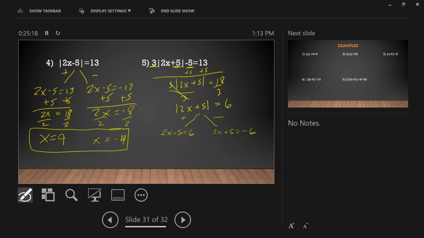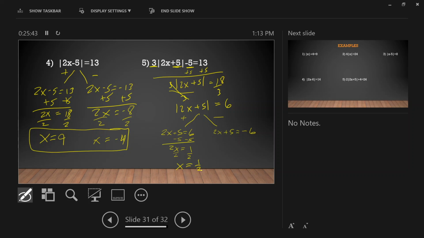Now let's solve them both individually. Left side, I subtract the 5, subtract the 5. We're subtracting there, yeah. So we get 2x equals 1. Divide both sides by 2. So x is going to be 1/2.